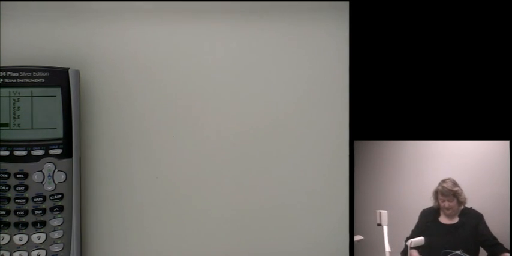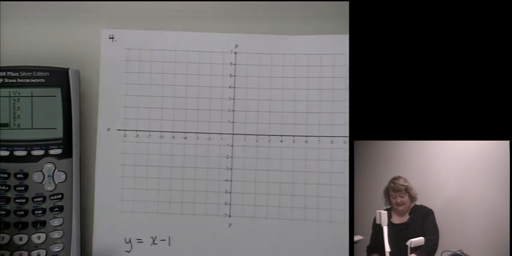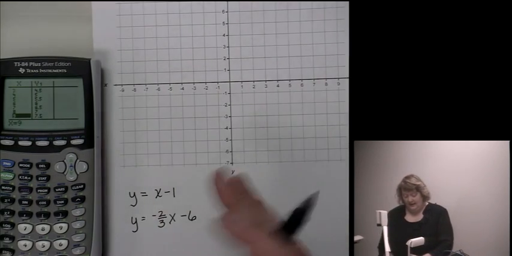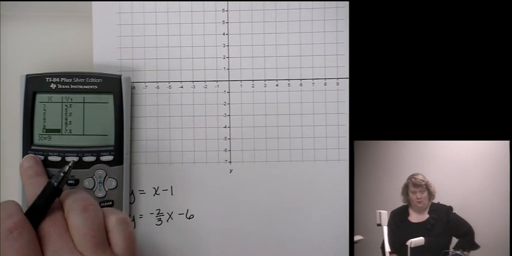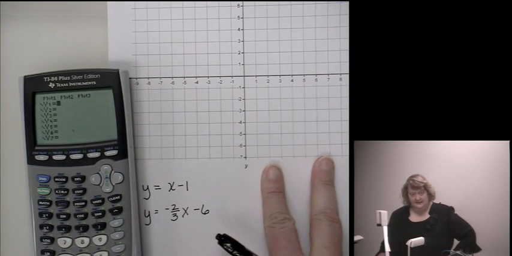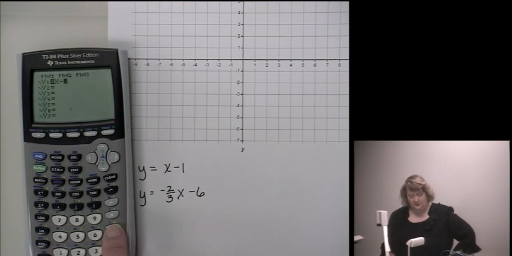Our last example here is just to show you that we can graph more than one line at a time. We can graph 2 lines at a time. And so at this point, we'll go back to our y equals, hit clear. Our first one is x minus 1. There's the x. Remember, the subtract is always between.